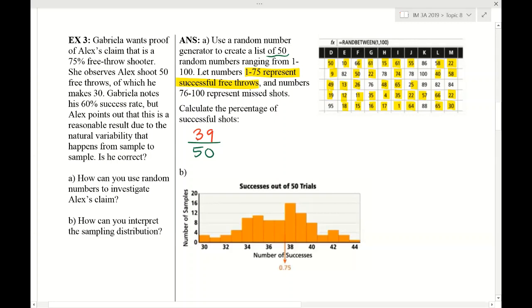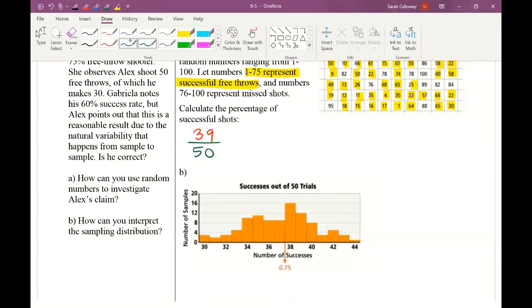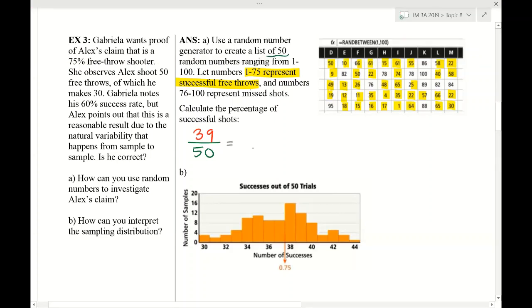So 39 out of 50 is 0.78, so that's 78%. In the simulation, if I assume that somebody makes 75% of their shots, 78% would be a reasonable outcome. They can make it a little bit better than that.